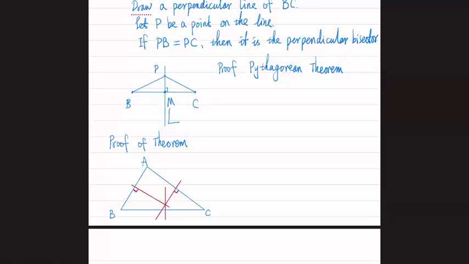I call this point D. The steps: mark two midpoints, D and E. Draw two perpendicular bisectors.